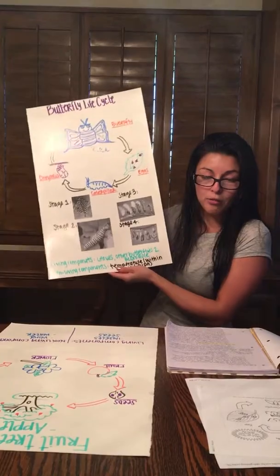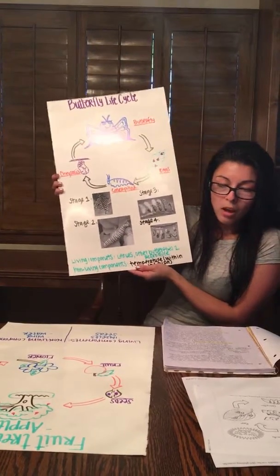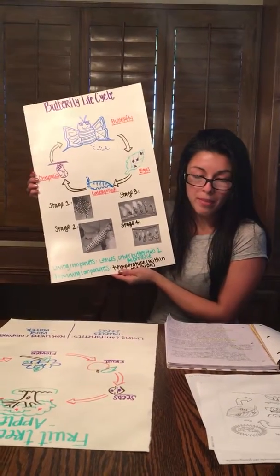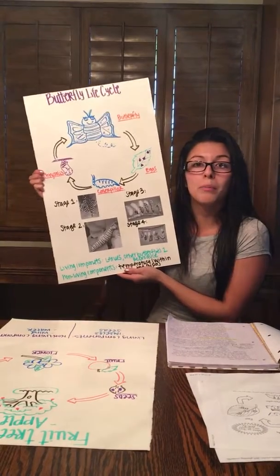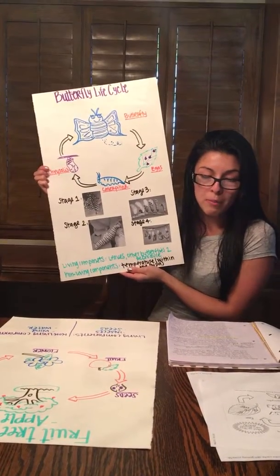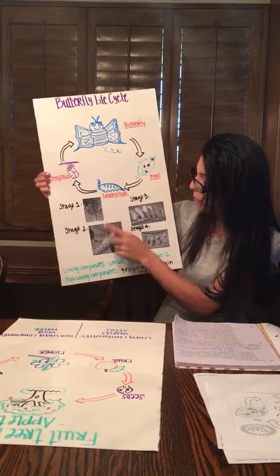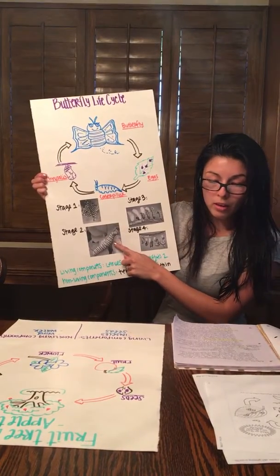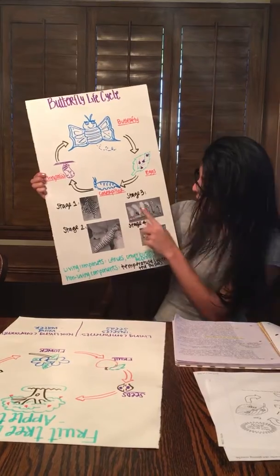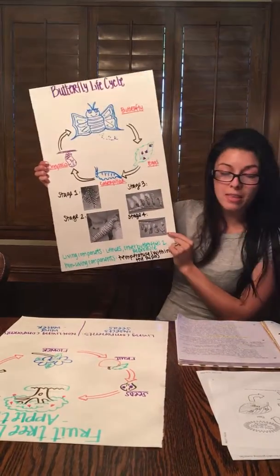So the butterfly cycle, all butterflies go through complete metamorphosis. To become an adult, they go through 4 stages: the egg, the larva, the pupa, and then the adult.